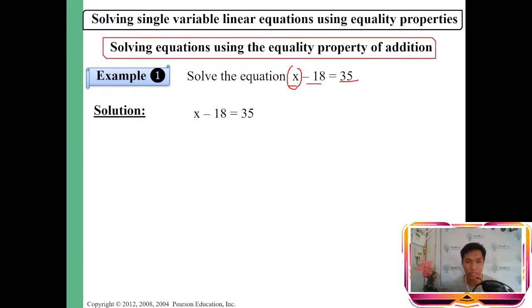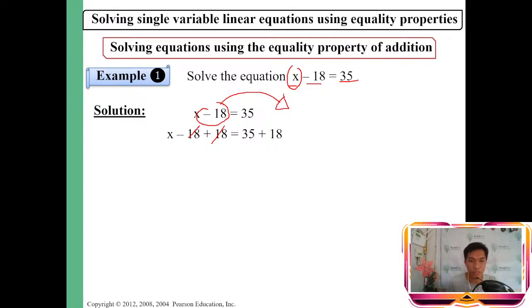Write the equation x minus 18 equals 35. Take note of this one. Why, teacher, do we add 18 here? So that it will become 0, and this one will go to the other side. Because that is negative 18, to make it 0, we need to add 18 on both sides, left and right.